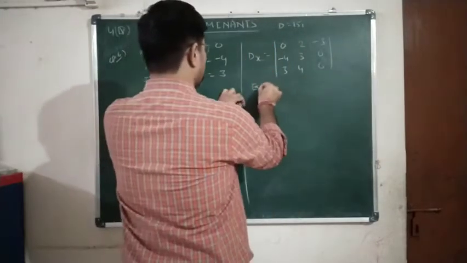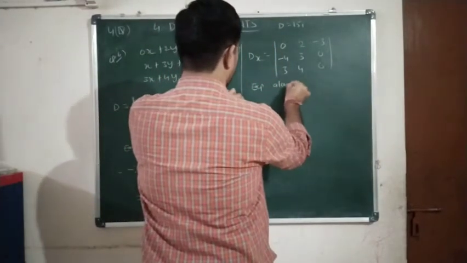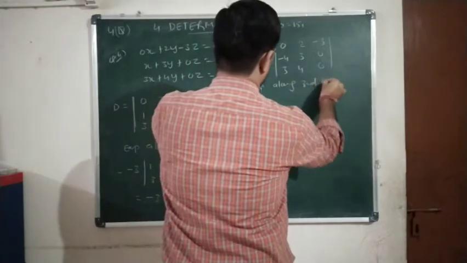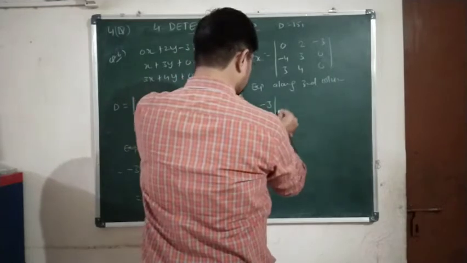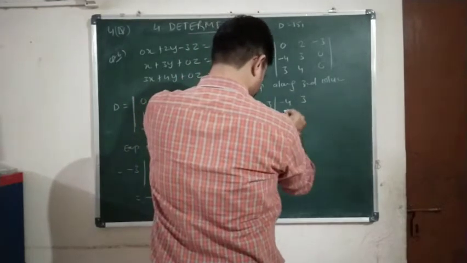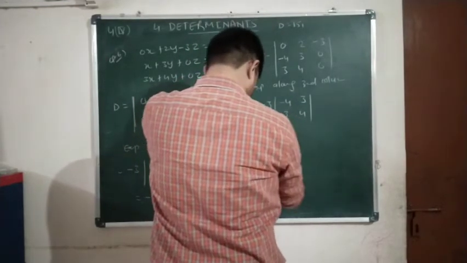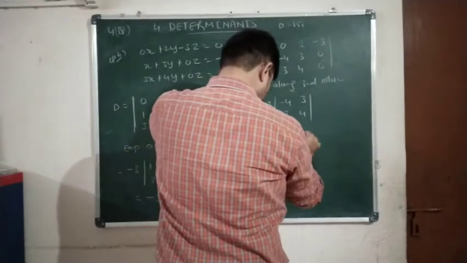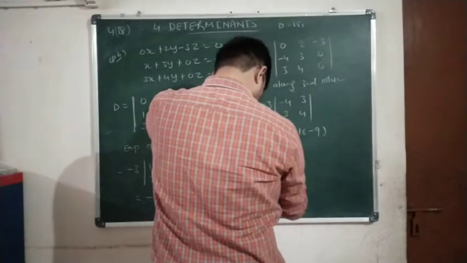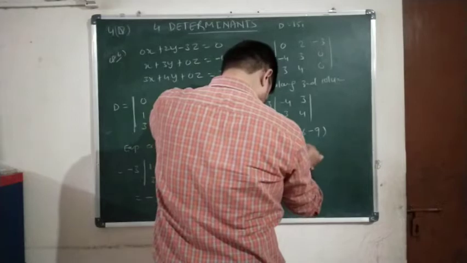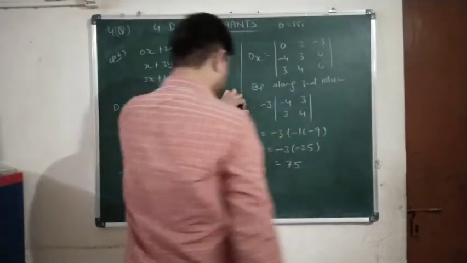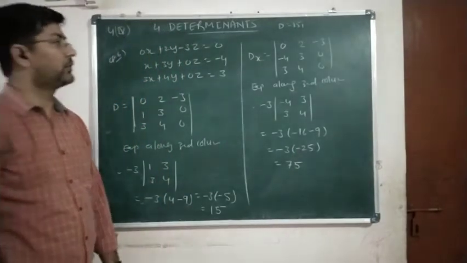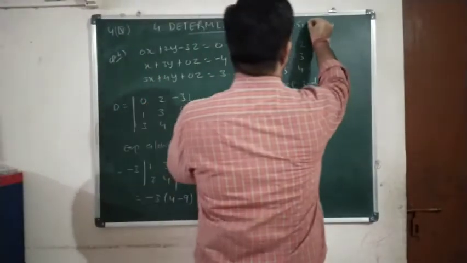Again expanding along the third column, we get minus 3 times the determinant 3, 4, so the value of dx we got is 75.